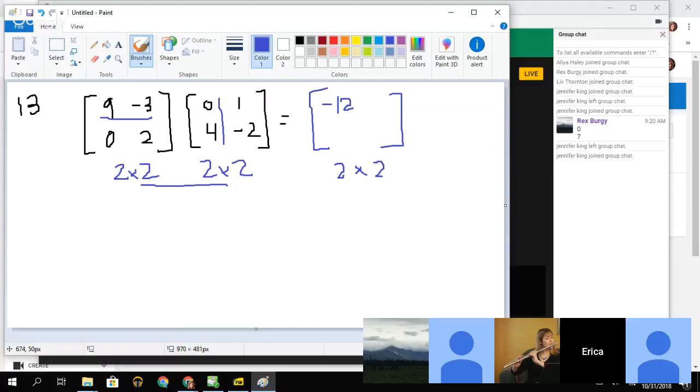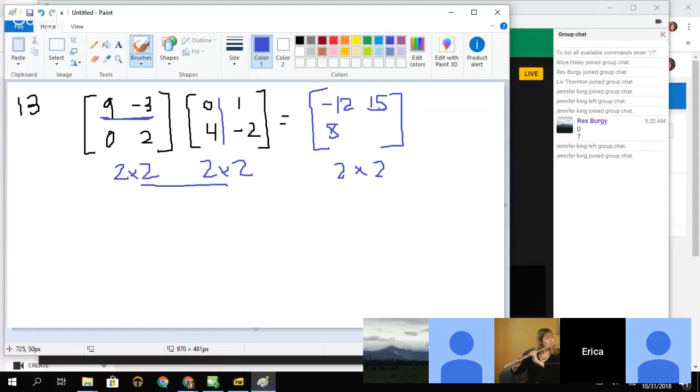My second row, first column is going to be 8. My first row, second column is going to be 9 times 1 plus negative 3 times negative 2, which is positive 15.